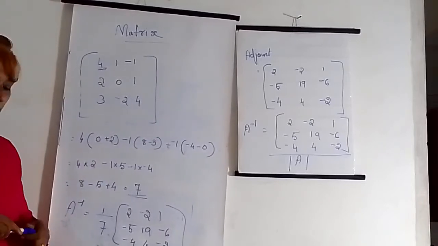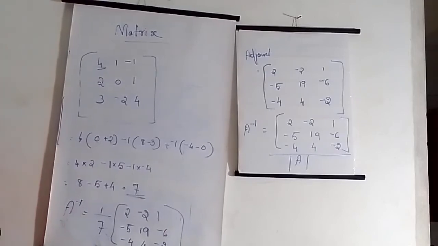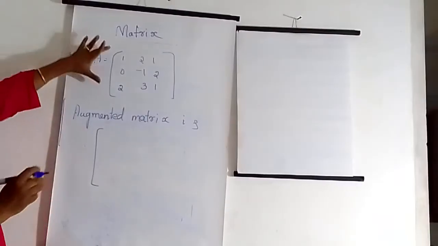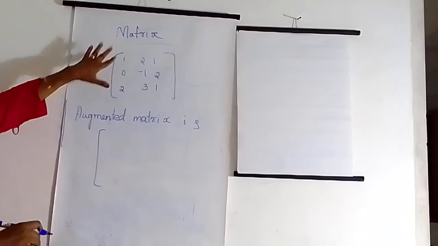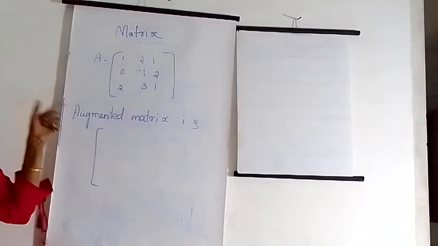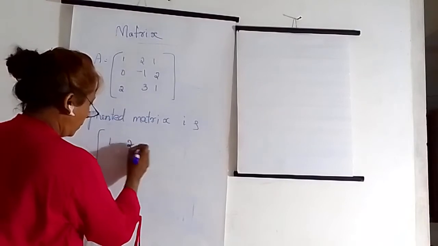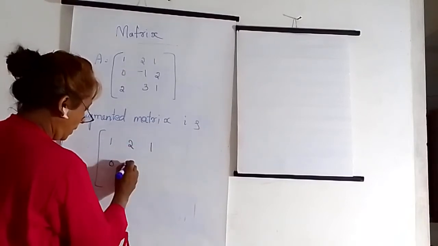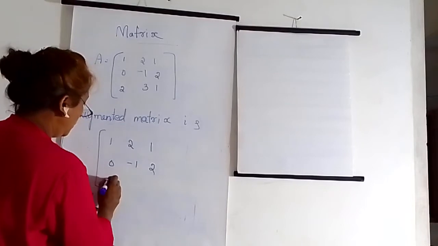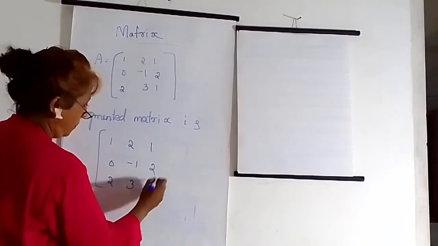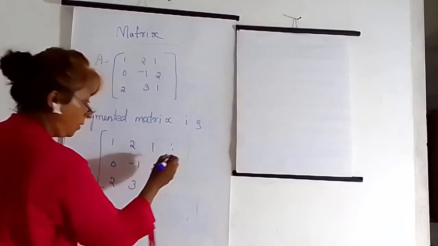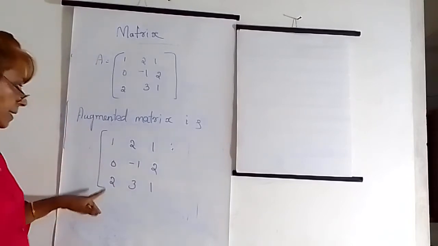Okay, that method we can learn now. This is the matrix, and now I am going to write the augmented matrix for it. Just look. First we write 1, 2, 1, 0, negative 1, 2, 2, 3, 1. And then we know how to write the identity matrix for this one.